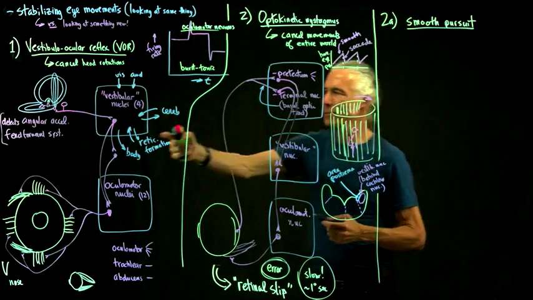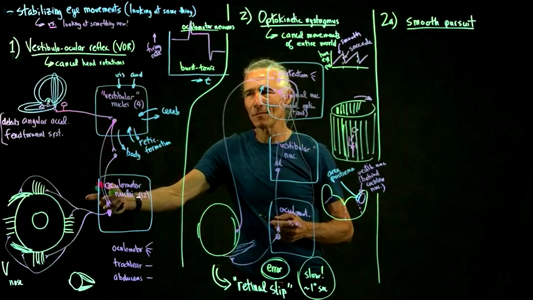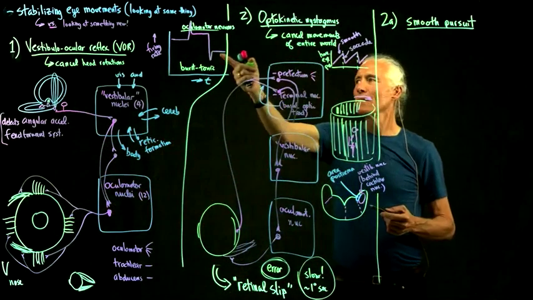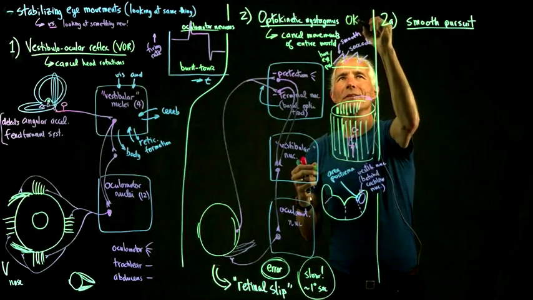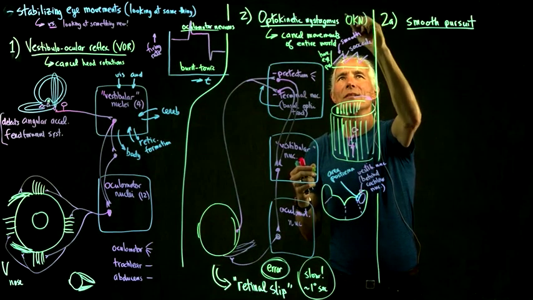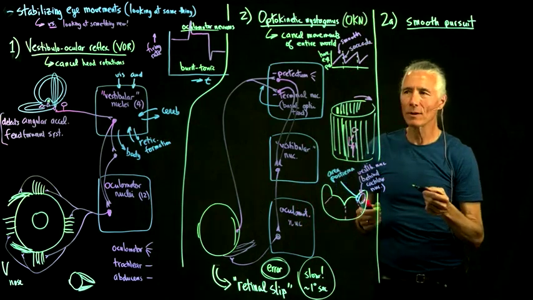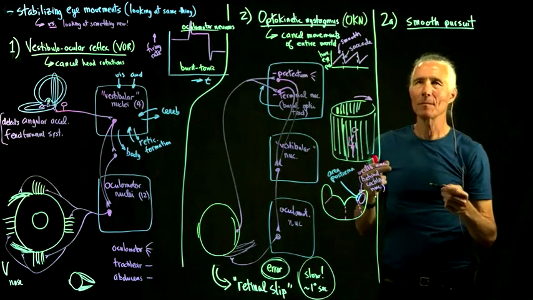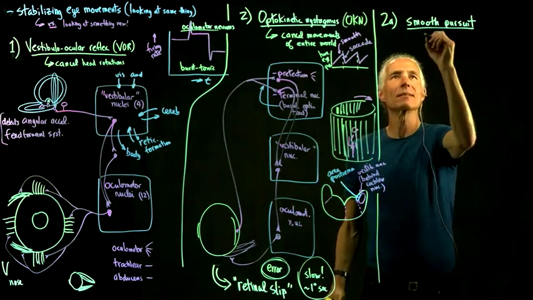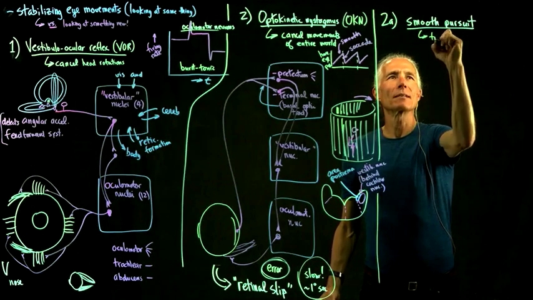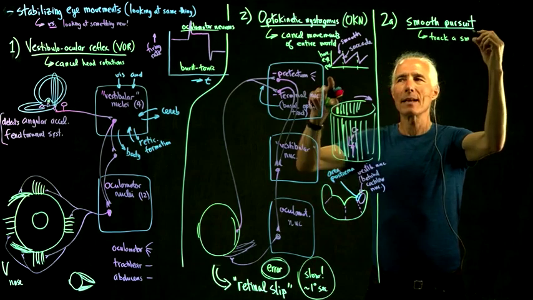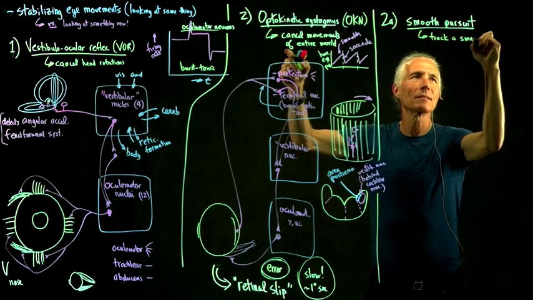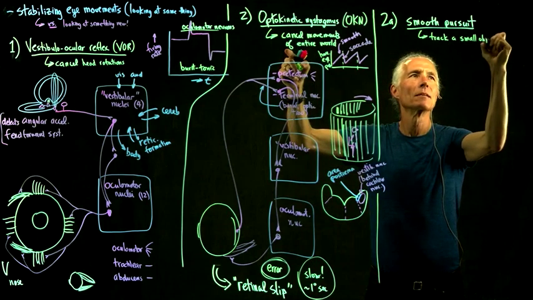This was, use a vestibular signal to stabilize a visual object. That is the VOR. Optokinetic nystagmus, OKN for short, is use a visual signal from the entire world to stabilize something on the retina. And this one is track a small object. So that's actually at odds with optokinetic nystagmus.